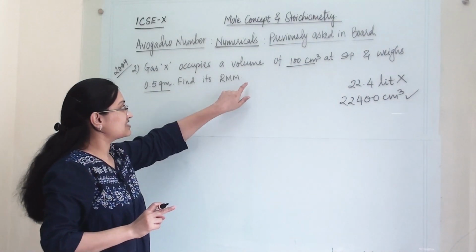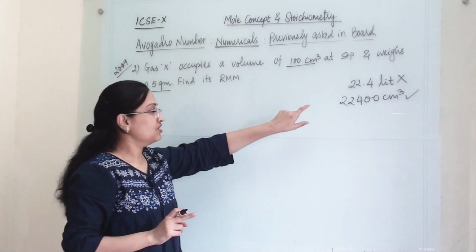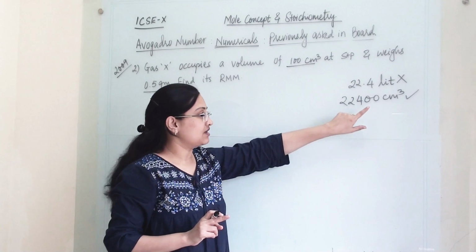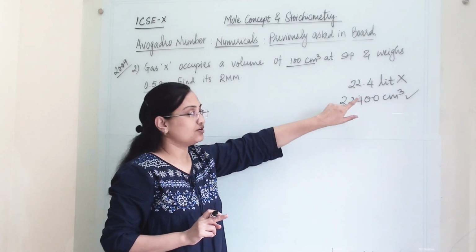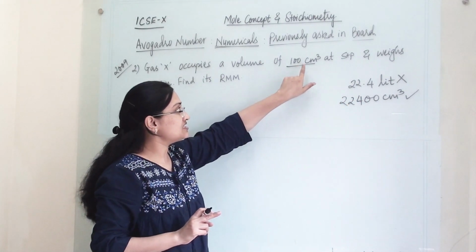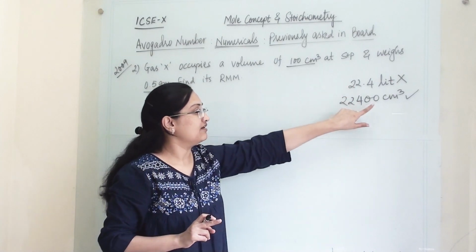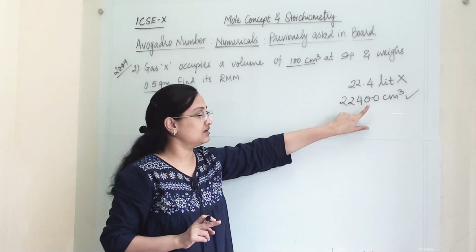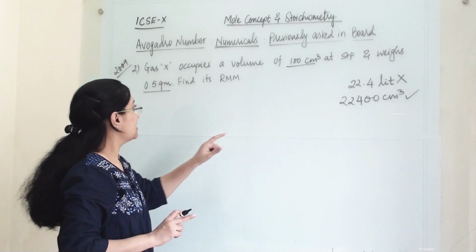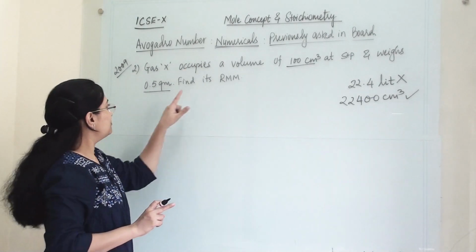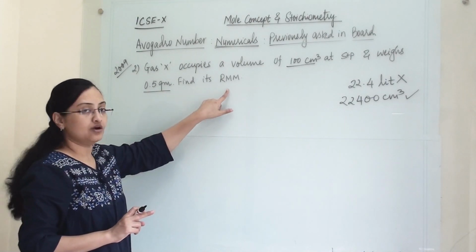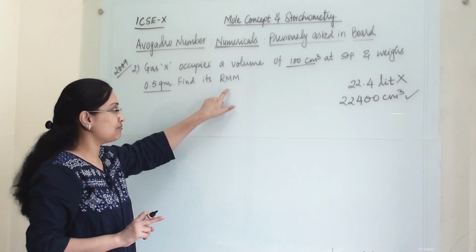They have not asked us specifically in which volume we have to find out. So we can use either of this. Either you can convert this into liter or we will use this conversion factor in centimeter cube. Here we have volume and we have weight. We have to find out its relative molecular mass.